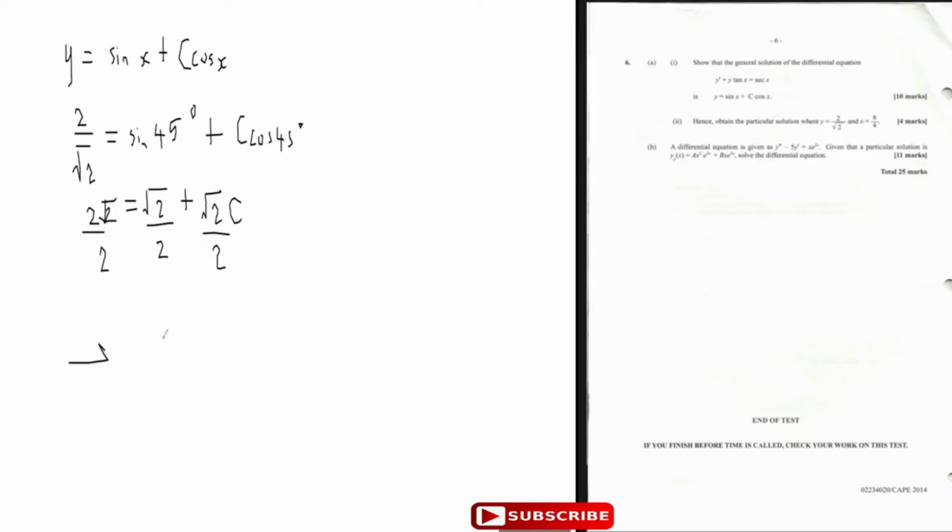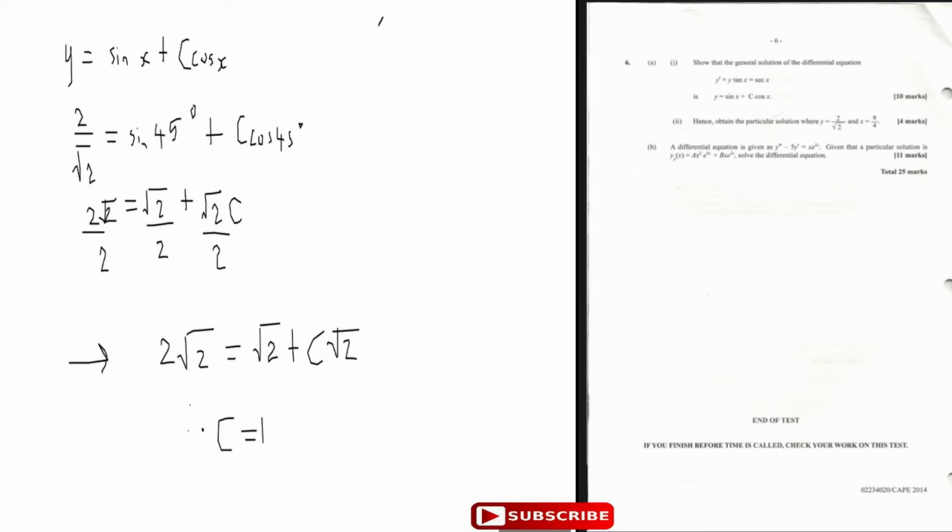And so I have 2 root 2 is equal to root 2 plus c root 2. And so if root 2 is equal to c root 2, then c must equal 1.